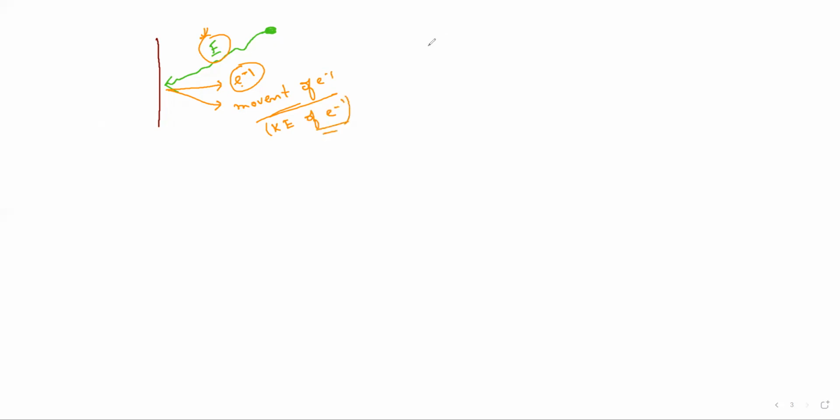So just write it down. The energy of incident light is being used up in two parts.